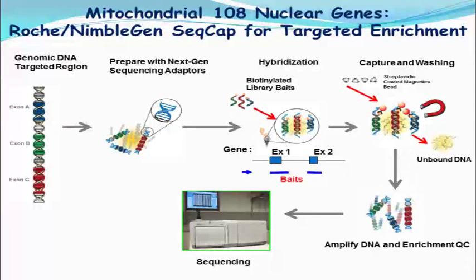Once hybridization is completed, the biotin hybridizes to the streptavidin-coated magnetic beads. Then the products are captured, and the unhybridized products are washed off. Followed by amplification, the DNA products are ready for next generation sequencing.